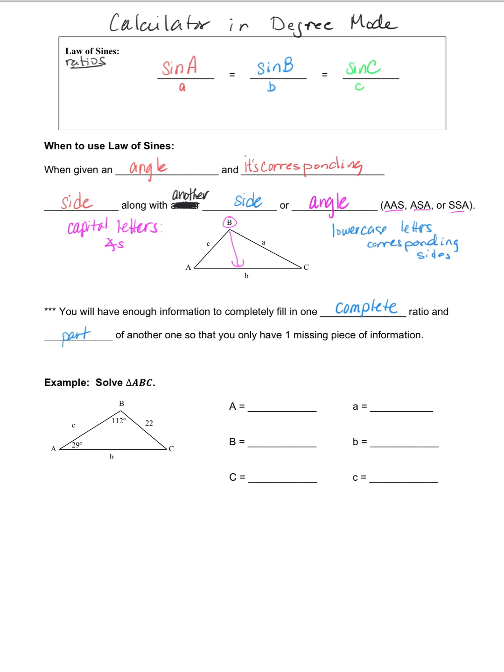So up here you should have one complete ratio, and then another one over here, but maybe missing that little b. We're going to use that information to help us solve this triangle. Remember, when we solve the triangle, we want to find all angles and all corresponding sides.